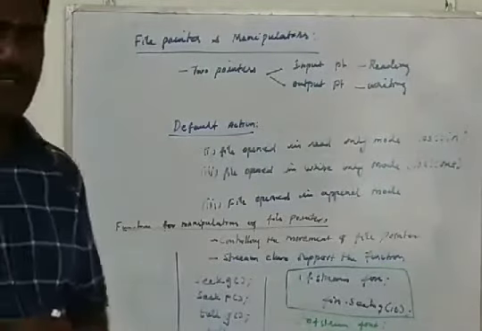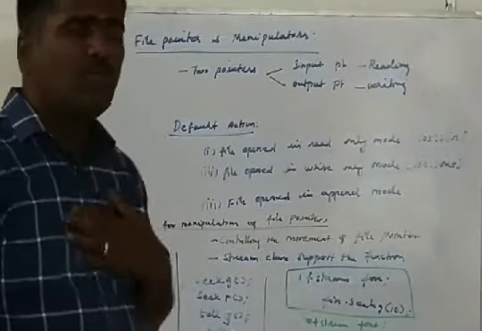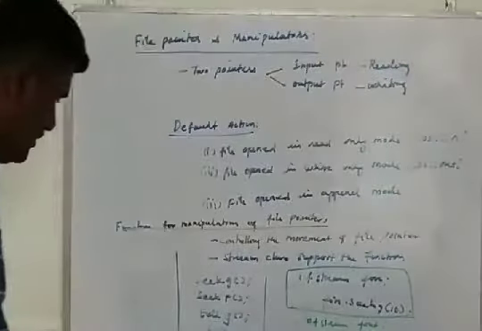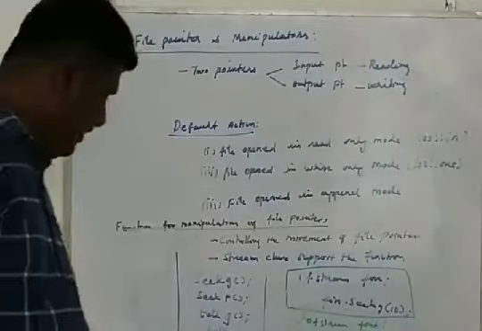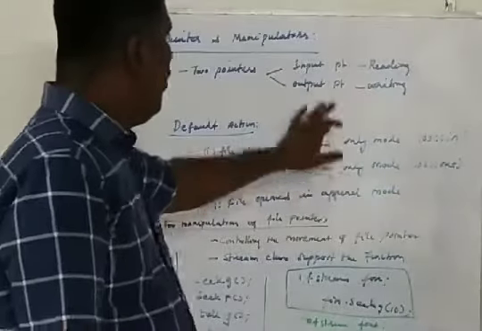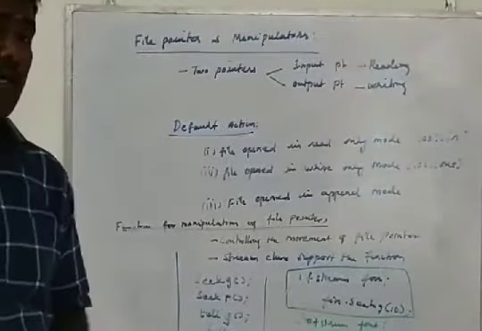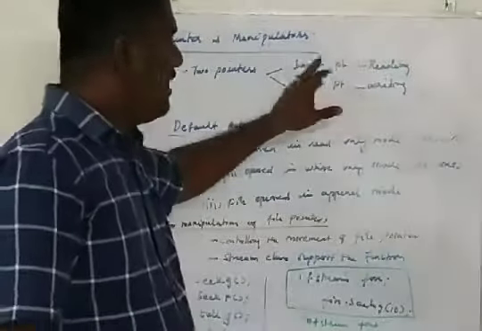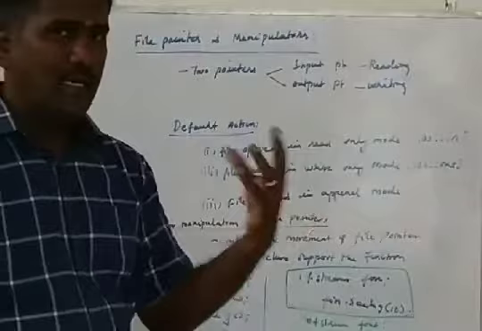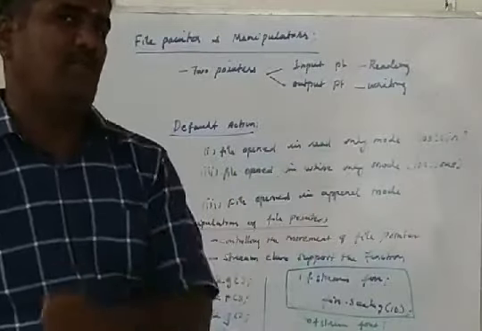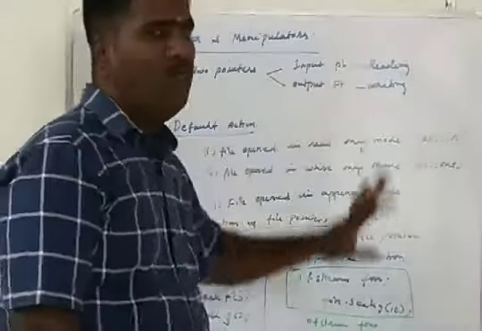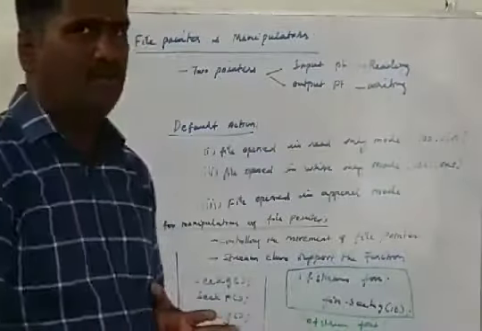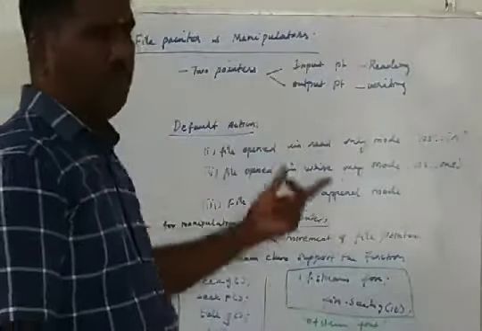The input file pointer is used for reading purposes. The output file pointer is used for writing purposes. The input file pointer reads the content from the given file location, and the output file pointer writes content to the given file location. So these are the uses of the two file pointers.